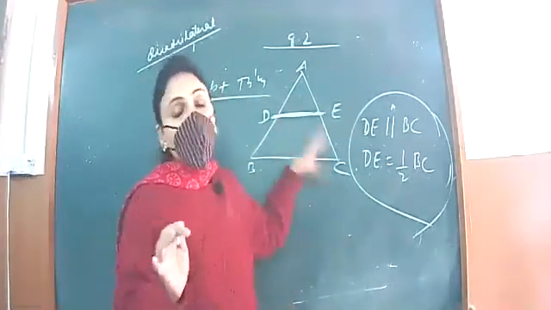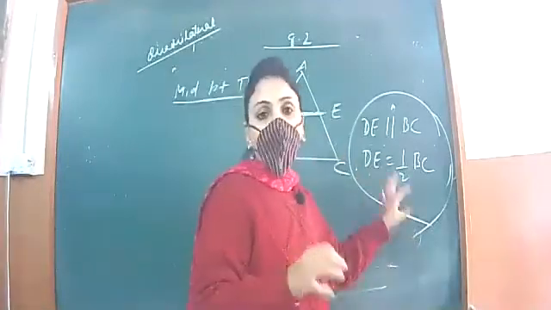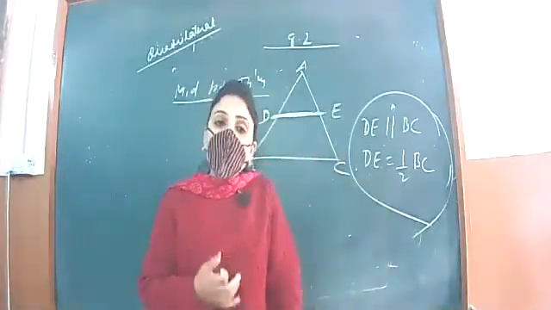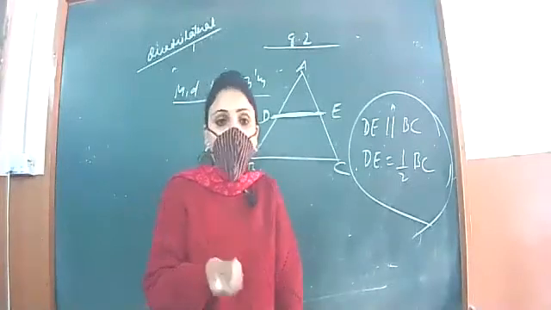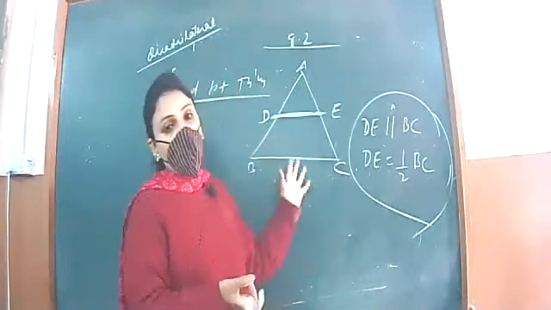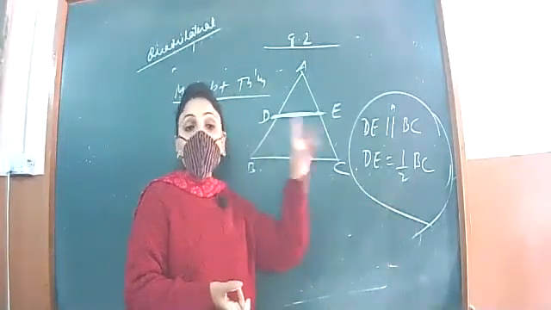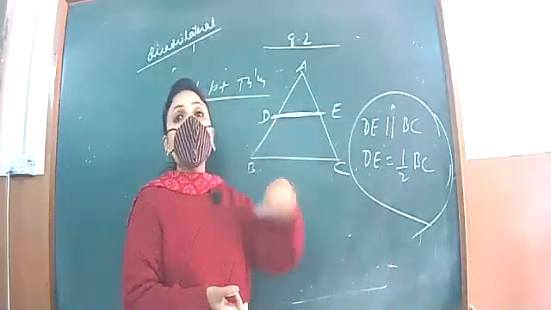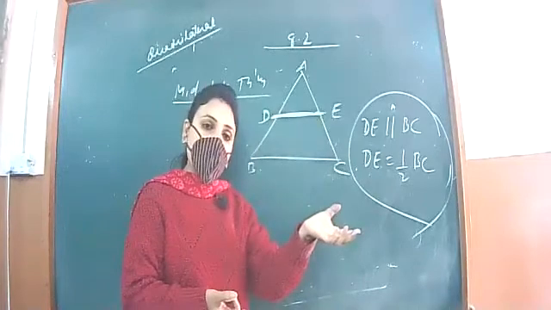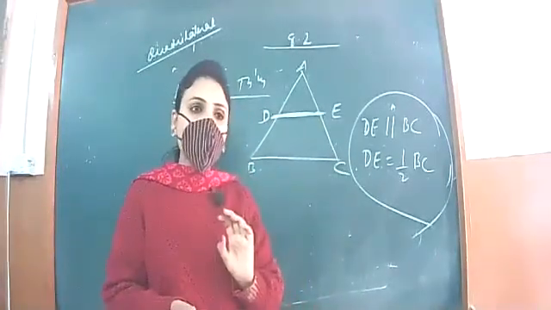So whatever I am doing in the figure, that is given, and whatever I am writing here, that is what we want to prove. That is what midpoint theorem applies. That implies that if this happens, then this will definitely happen. That if two midpoints are there, we join them, we get a line that will definitely be parallel to third line and is equal to half of its length. Am I clear?